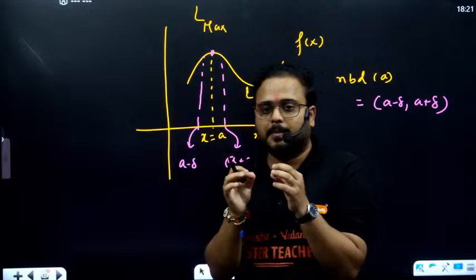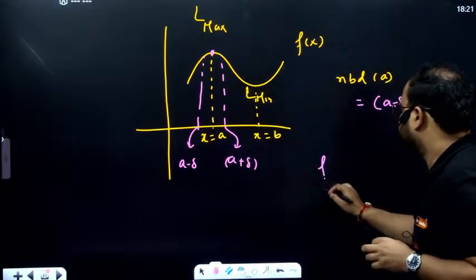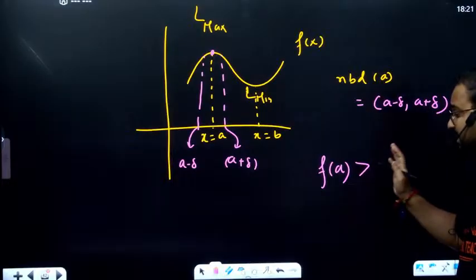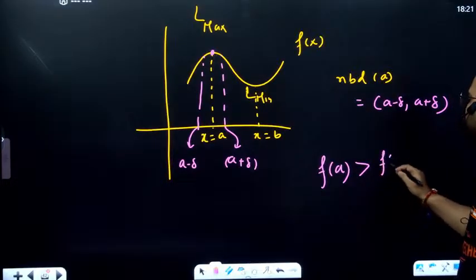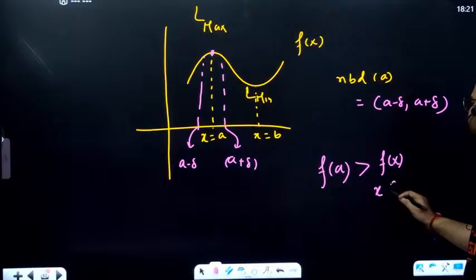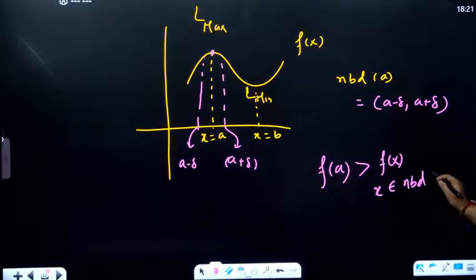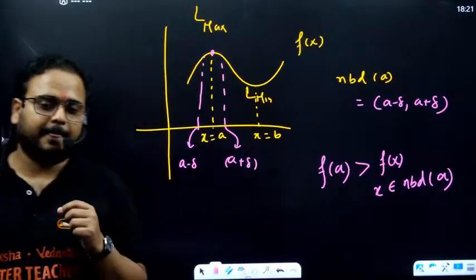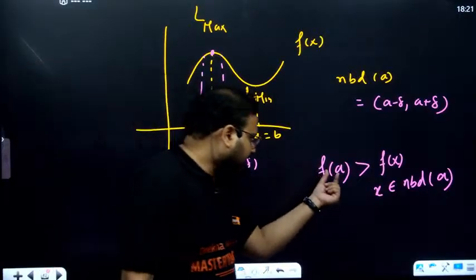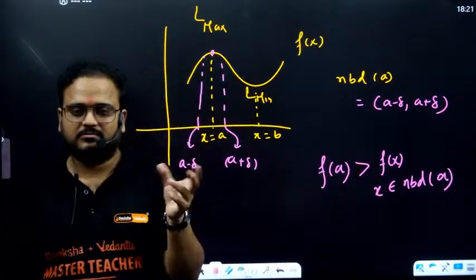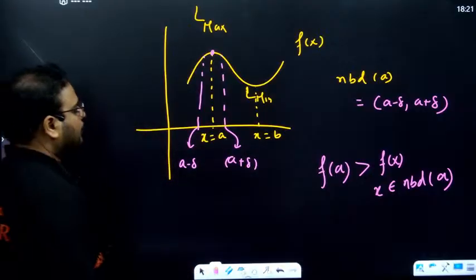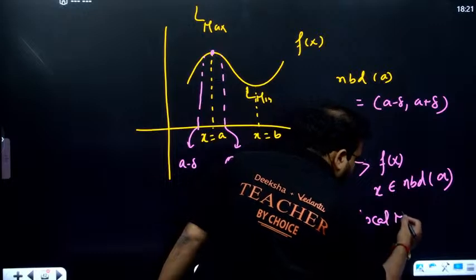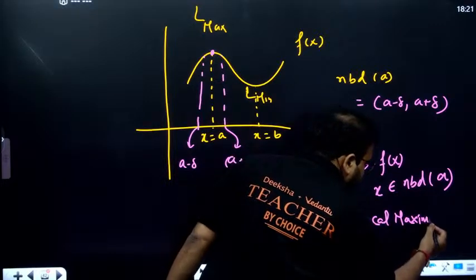In that neighborhood, the function value at A should be largest, if it is largest for all x, where x belongs to the neighborhood of the point A. If f of A is larger than the values nearby, then that point A will be a point of local maxima.